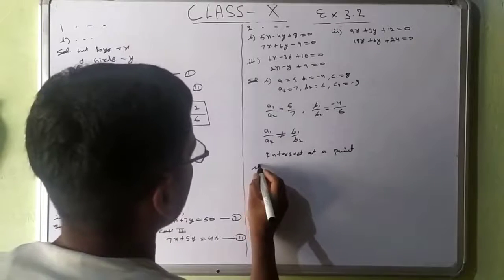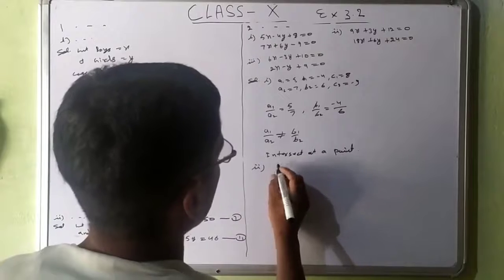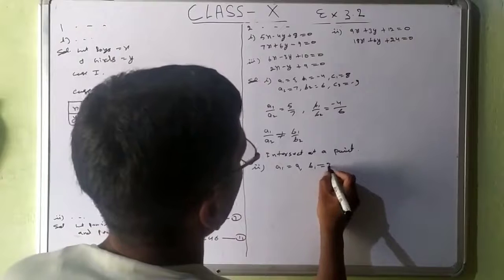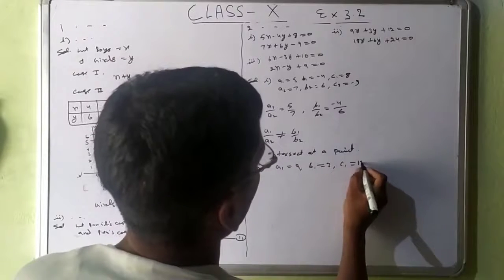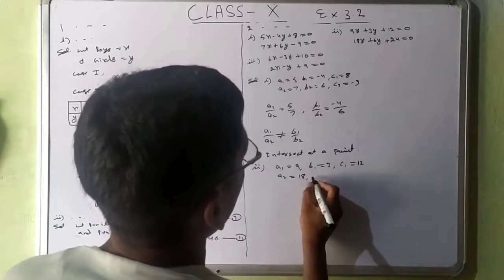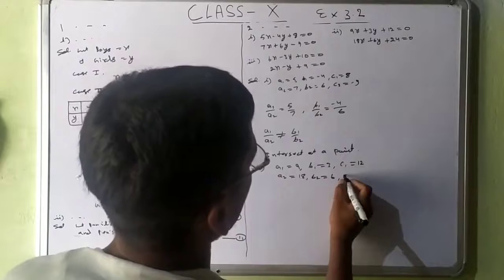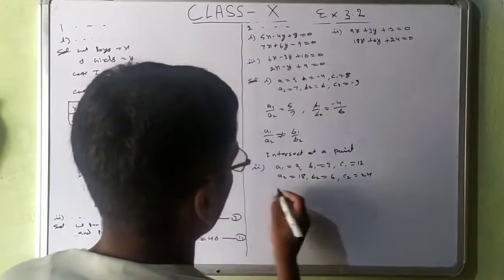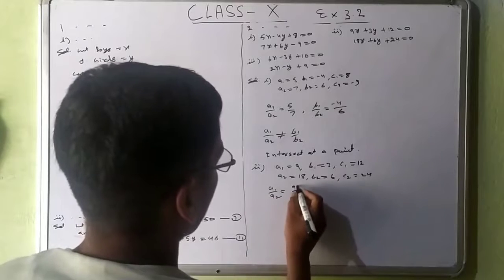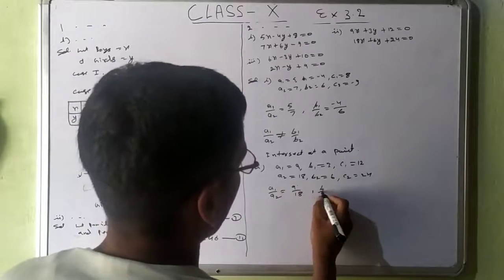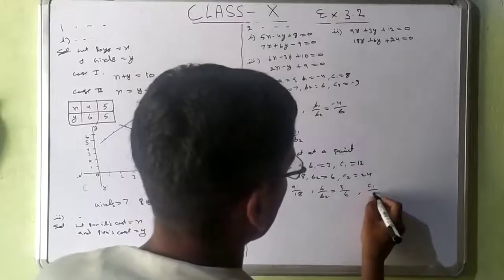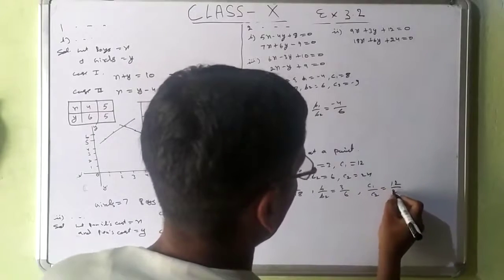See one more part, because we have space here: A1 is equal to 9, B1 is equal to 3, C1 is equal to 12, A2 is equal to 18, B2 is equal to 6, C2 is equal to 24. So A1 upon A2 is equal to 9 upon 18, B1 upon B2 is equal to 3 upon 6, C1 upon C2 is equal to 12 upon 24.